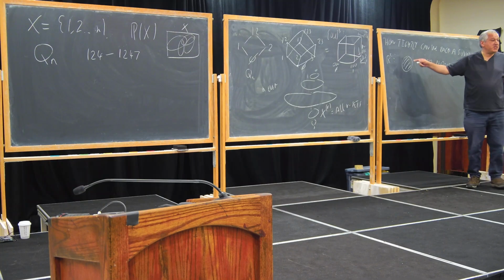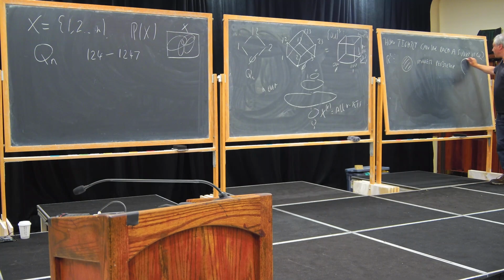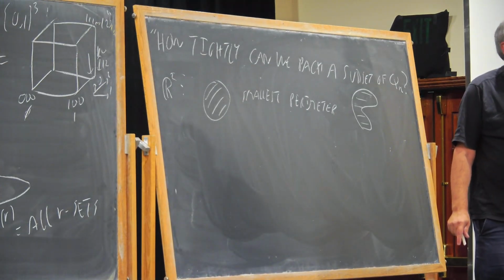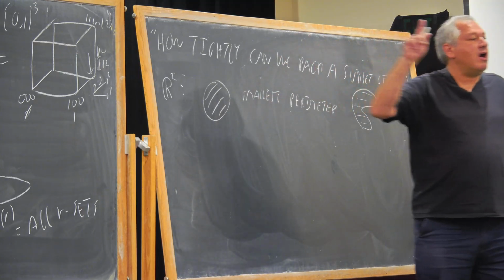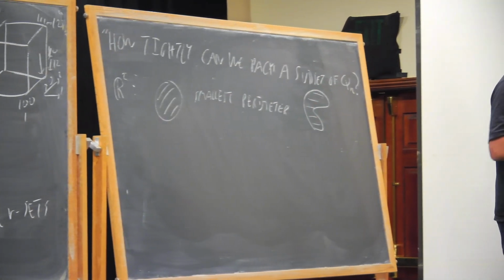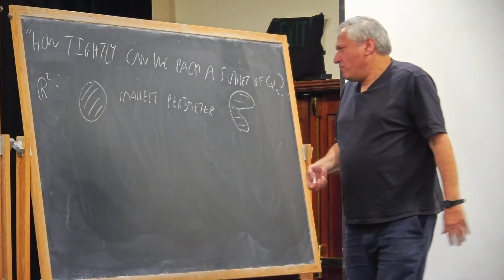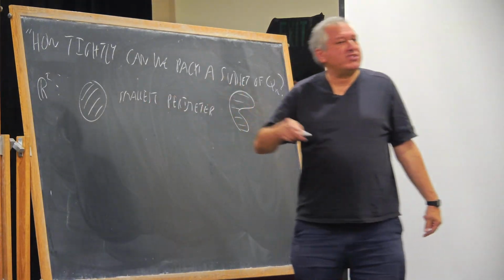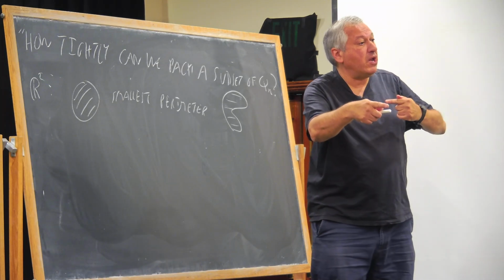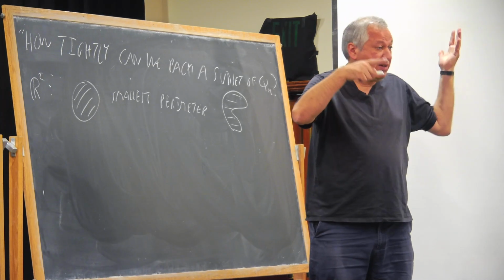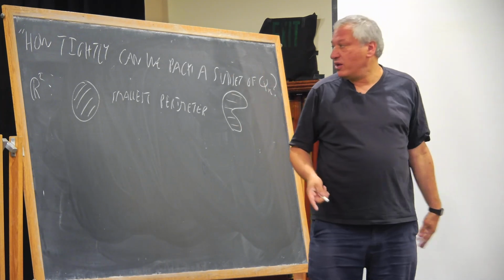So for example, the disk beats a weirdo shape like this. That's sometimes called the isoperimetric inequality in the plane. And you can rephrase it: for a curve of given length, what's the biggest area it can enclose? That's the same statement, and the answer is a circle.